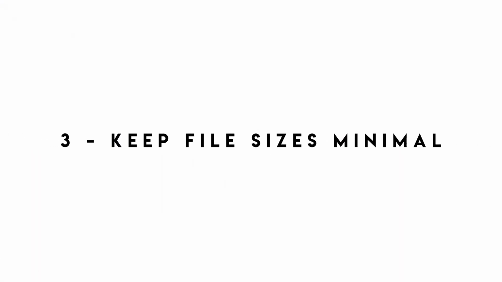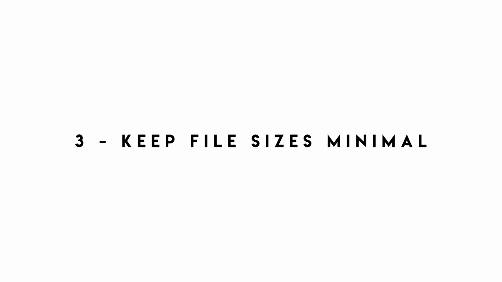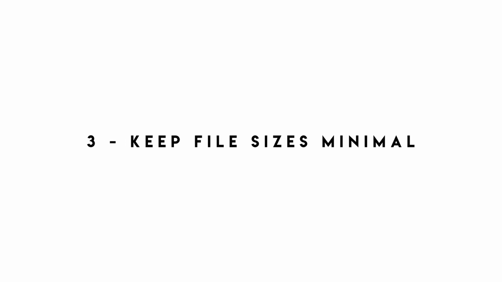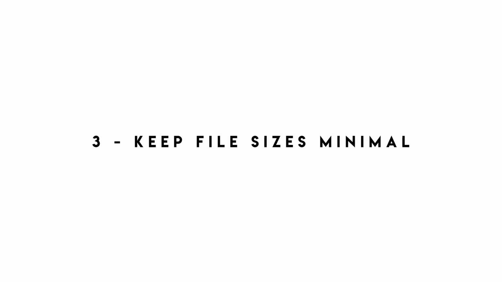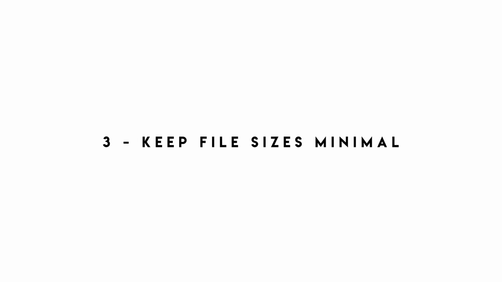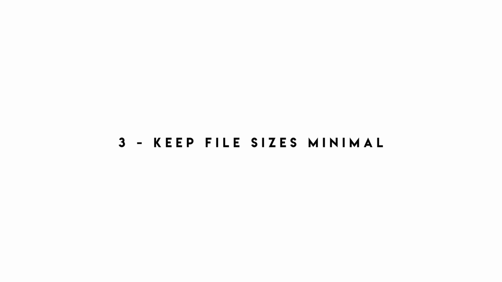So strategy number three is to keep file sizes minimal. In many BIM projects, there is a set file size limit to your Revit project file. So it's ideal to keep your family sizes to in and around 1 megabyte of file size.